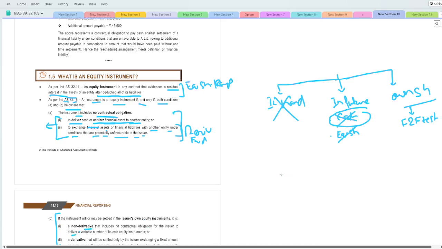Here, if you are delivering your own equity shares, and that is also a fixed number of shares, and you are receiving the cash here, I am talking about this from this angle, not from this counterparty. So A limited here, B limited here.